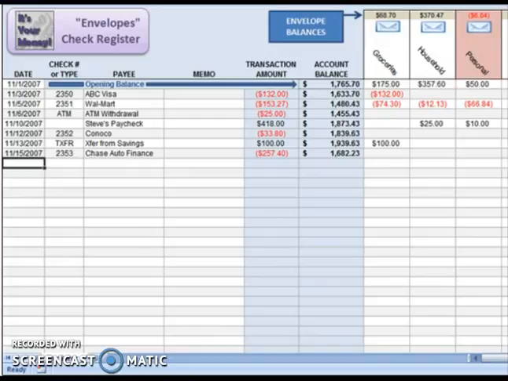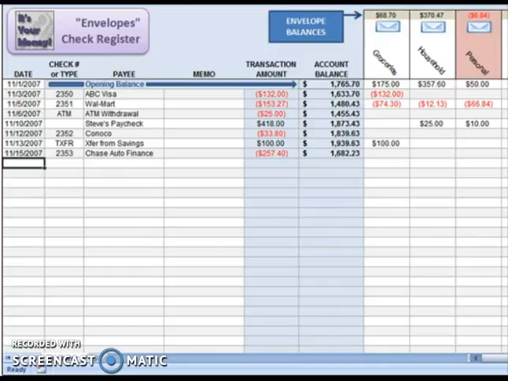Now you can use spreadsheets, or there are some envelope apps that are out there, and I'll link to one that I found that I think is pretty good. So it allows you to see exactly how much money you have in each category at any given time. So it's a great visual.